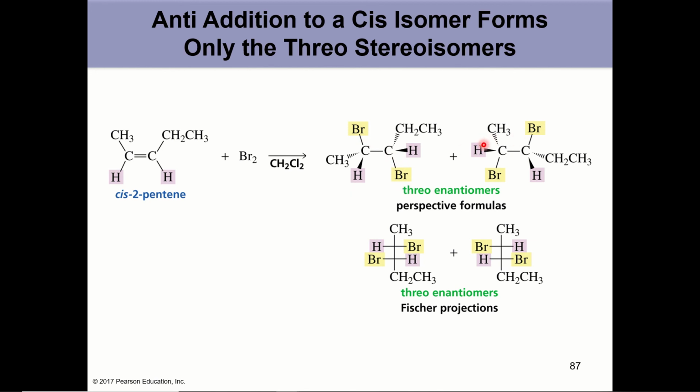They add anti, and when you draw the Fischer projections, you should draw the bromines on opposite sides. That's if you start with a cis alkene.